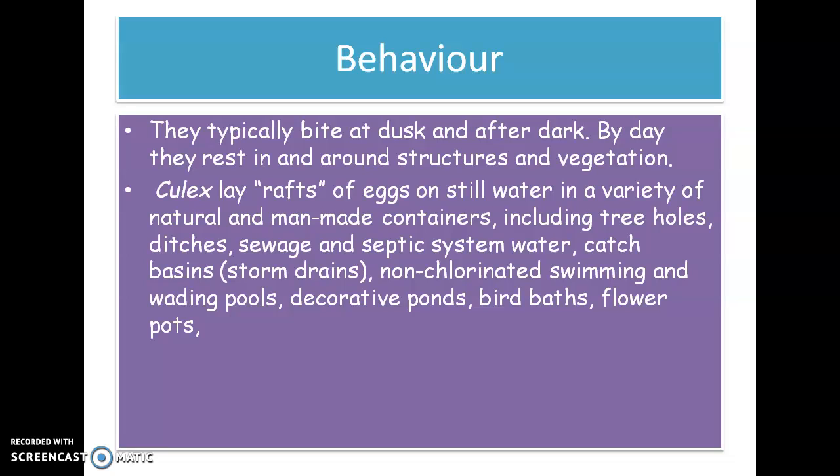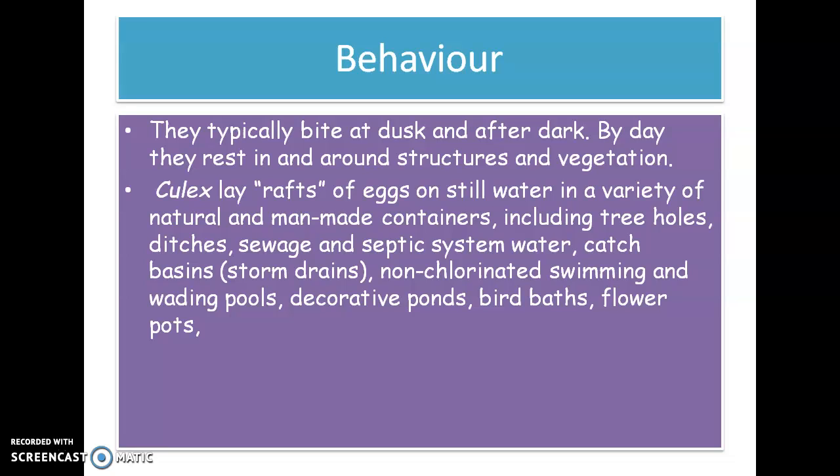Then Culex lays rafts of eggs. A raft means it lays a series or a mass of eggs on still water. Still water means stagnant water, water which is not flowing.